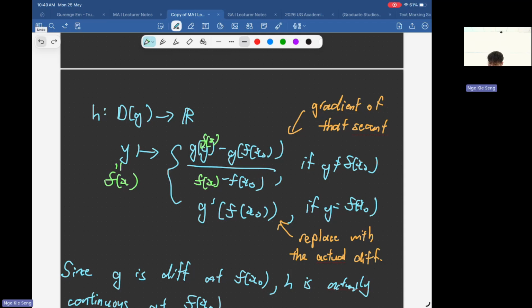Maybe I keep the original form first. So here becomes f(x), and here becomes f(x).